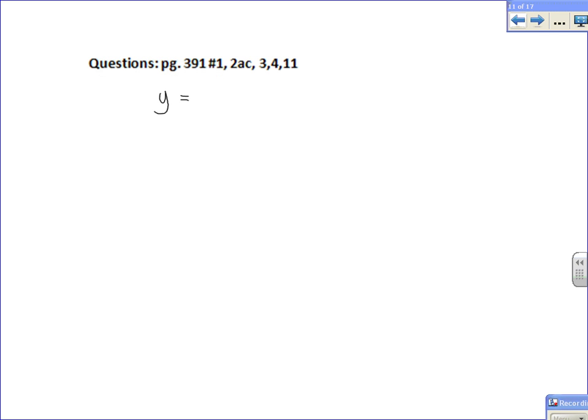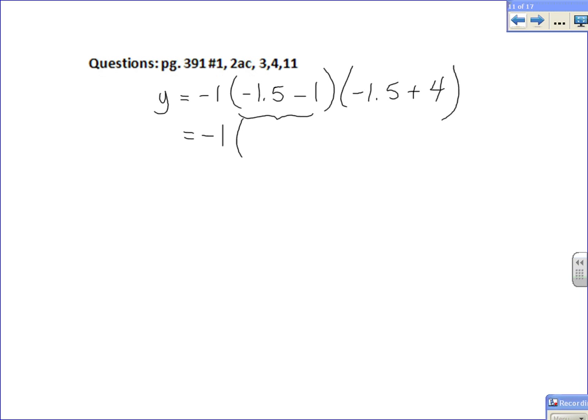Okay, y is equal to -1. Instead of x, I'm going to write in here negative 1.5 minus 1, negative 1.5 plus 4. Okay, and now I'm going to solve. Inside the first bracket, negative 1.5 minus 1 is negative 2.5.